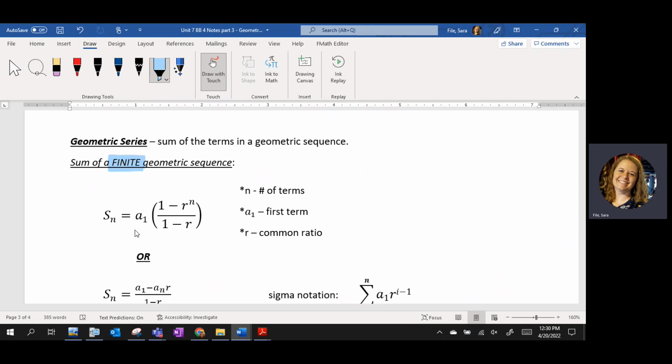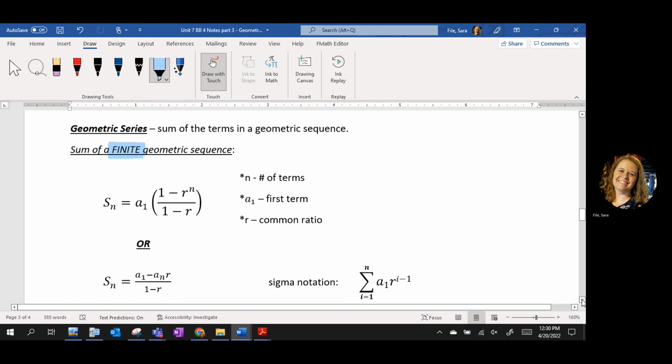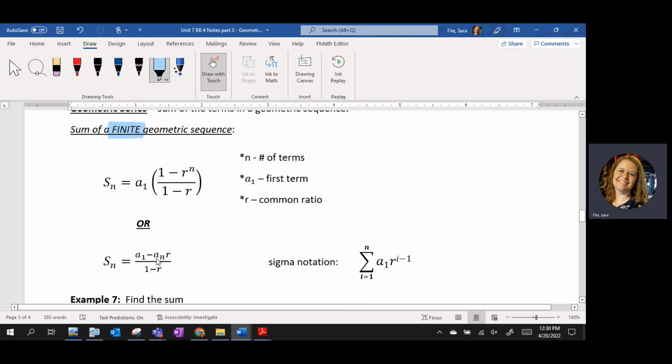Okay, and plugging into this formula. If you don't know the number of terms, but you do know a sub n in here, that's the last term, you can use this formula. So there's two formulas you can use depending if you know the number of terms versus the last term. Okay, and both of those will work.